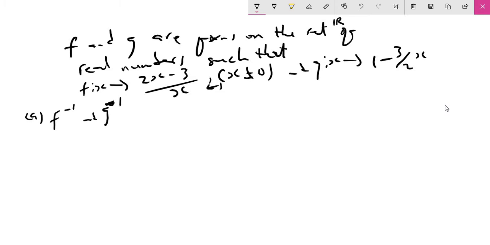They actually added something. They said find this, stating their largest domains. Okay. All right, so let's do this.